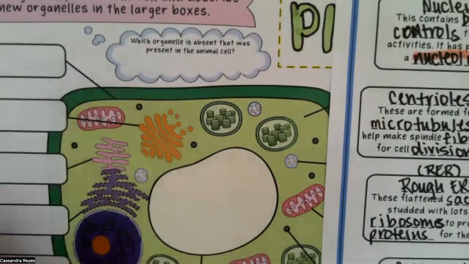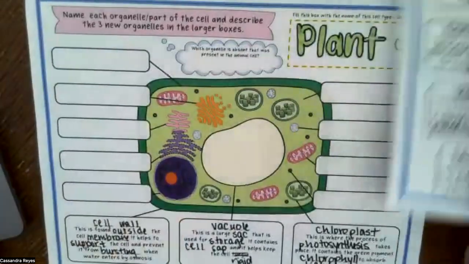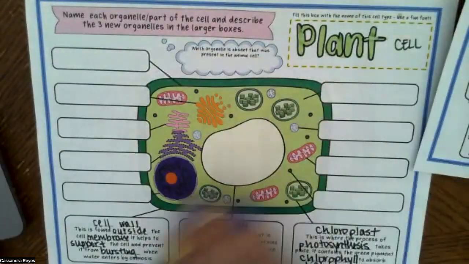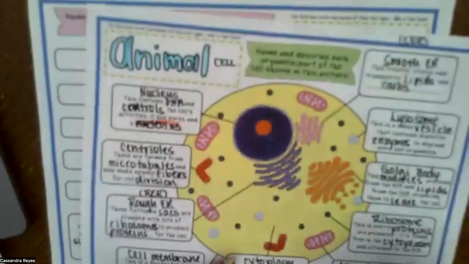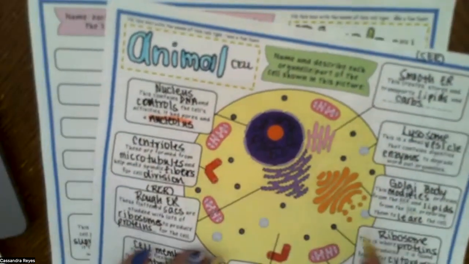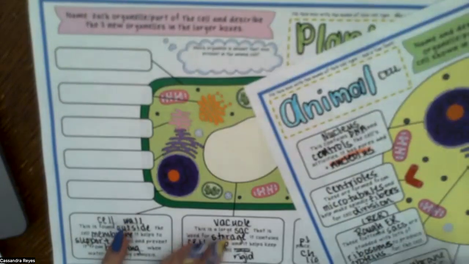So by process of elimination, after comparing each structure, you're going to go one by one and figure out which one didn't make it. And then that one's going to go in here.